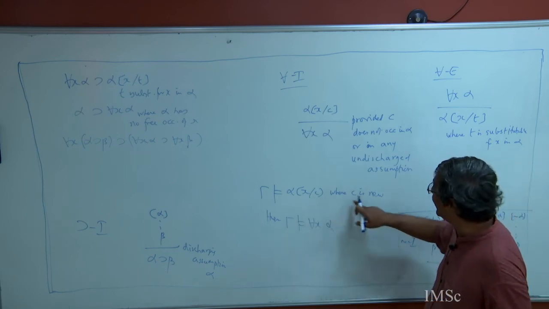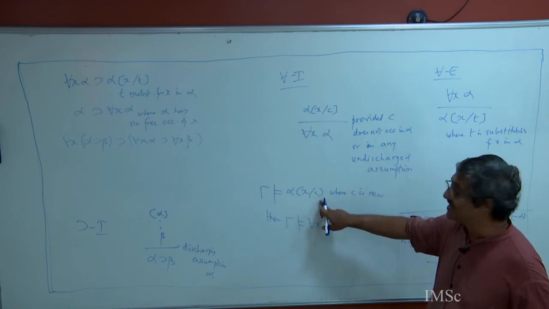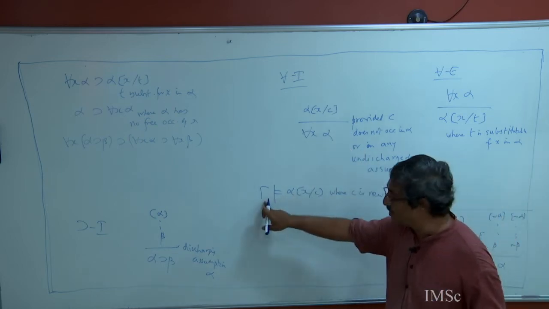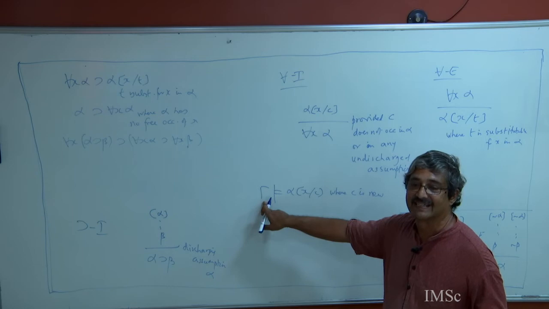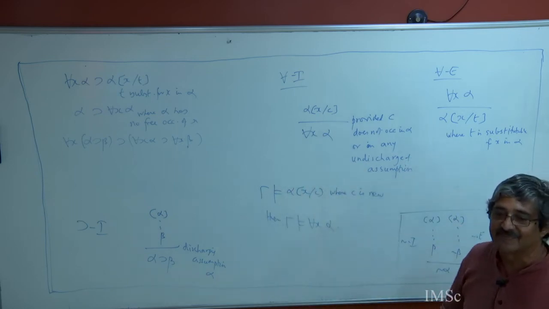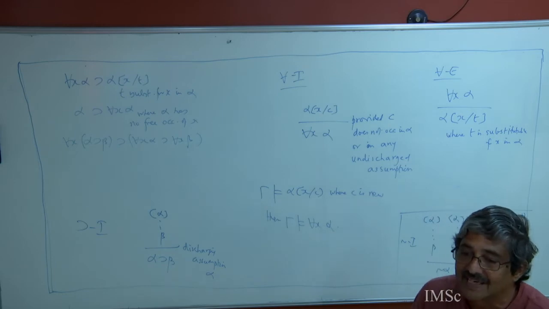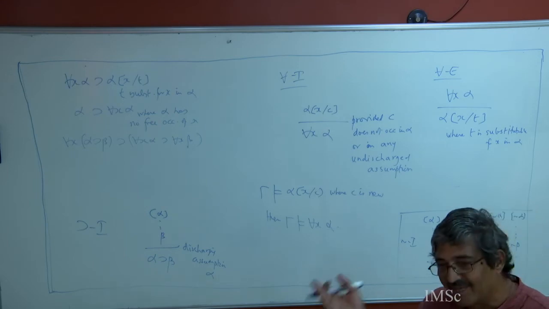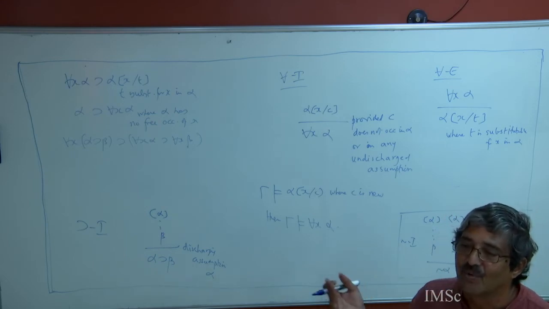And here, since we have this proposition, what is this idea of this being new? This being new means it's not used in alpha anywhere, and it is not used in gamma, any of the assumptions. But as far as natural deduction is concerned, which assumptions must you worry about? The undischarged assumptions, the active ones. Any assumption that has been discharged, you have converted into an implication anyway, so who cares.